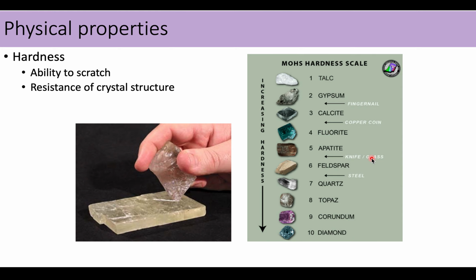You rub the glass along the mineral, and the glass leaves a mark, or leaves a scratch. You know that your mineral is going to be somewhere in between the copper coin and the glass. So it's less hard than the glass, but it is harder than the copper coin. So it's going to be at about a 4 or a 5 on the scale.